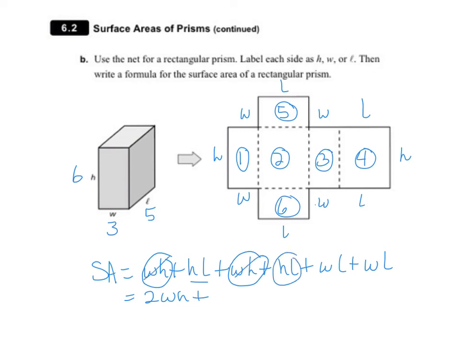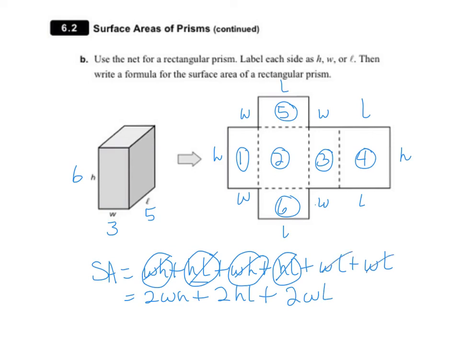I have 2HLs, 2HL. Cross them out so I don't look at them anymore. Plus I have 2WLs. So I'm going to cross those out.